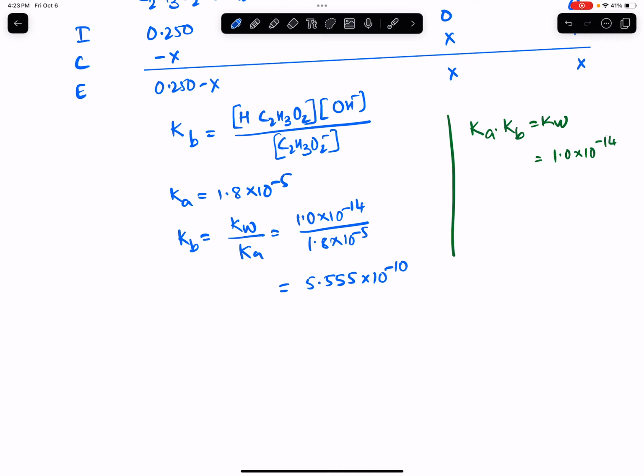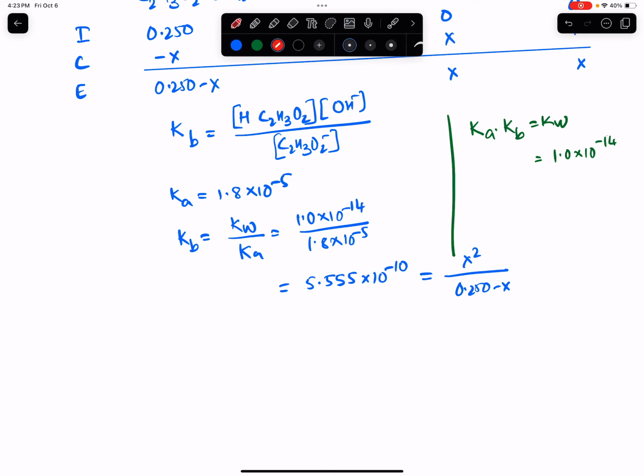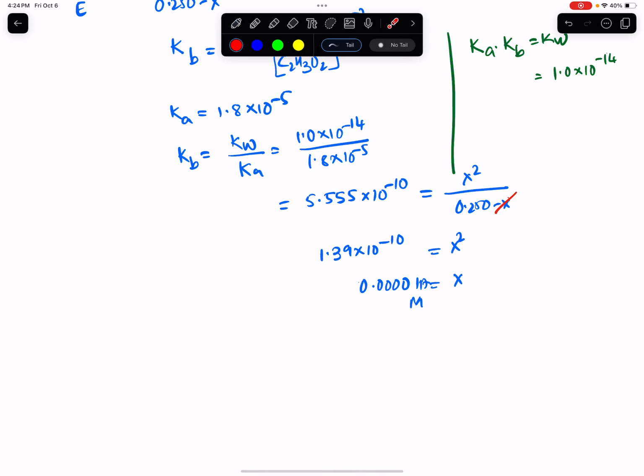All right, so now we know this value. Let's go ahead and plug all these x's in here. So that is equal to x squared over 0.250 minus x. At this point, let's assume that this x is really small. That'll make it easy for us to solve. So we get x squared is equal to 1.39 times 10 to the negative 10, or x is equal to the square root of this number, which is 0.0000117 molar.